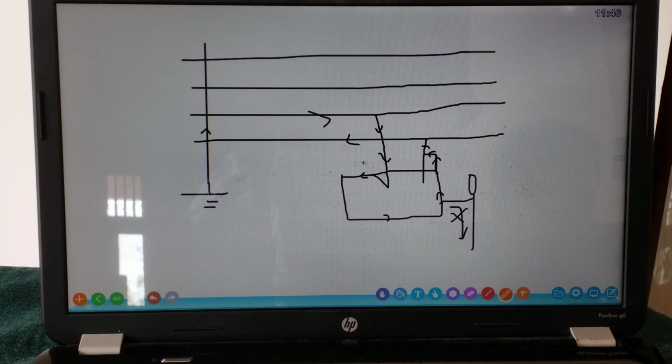So if I1 goes from live, in the neutral it is not I1, it may be I2. In the earth, it may be I3. Anyway, I1 will be equal to I2 and I3.